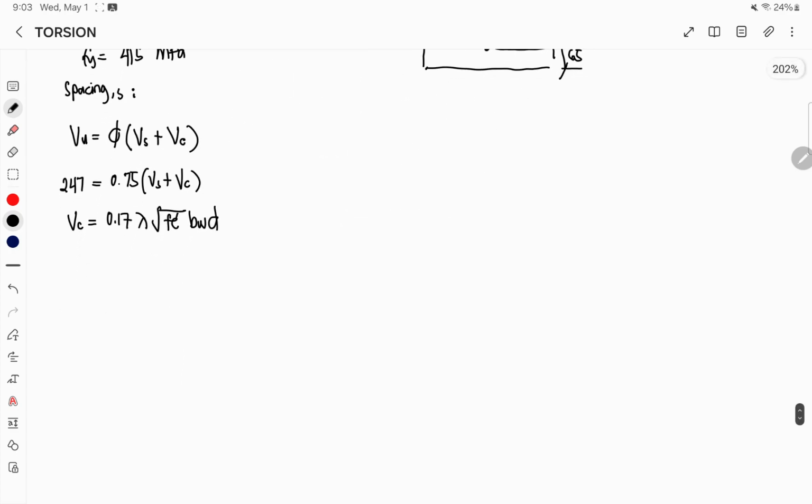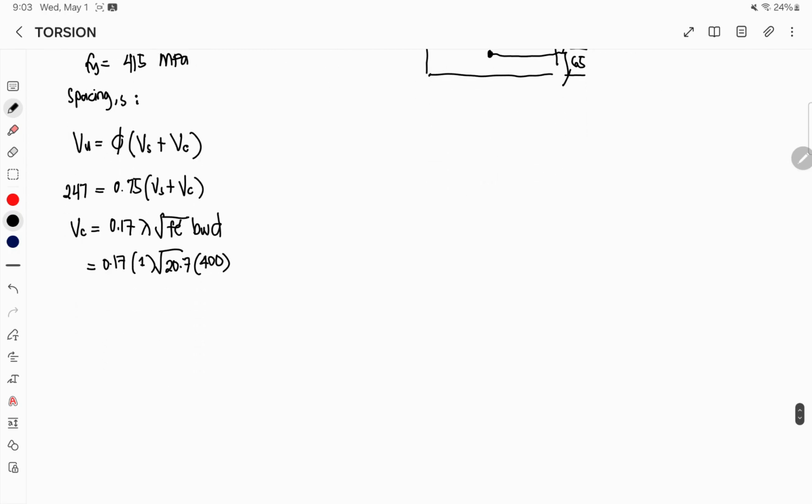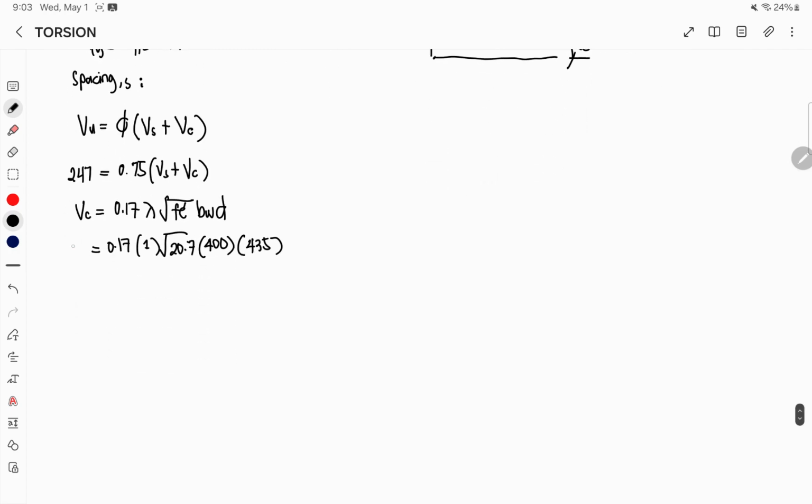To compute for Vc, we have 0.17. Lambda is 1, since the kind of concrete is not specified, so we assume it is normal weight concrete. We have f'c of 20.7, bw equal to 400, the width of the beam, and d equal to 435.